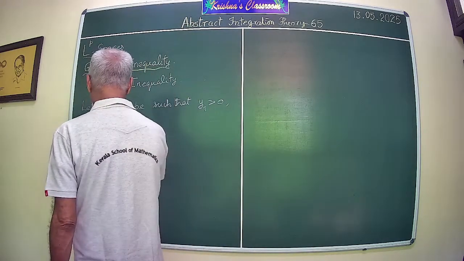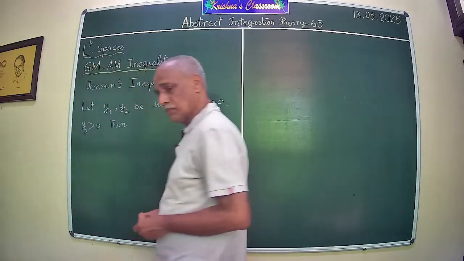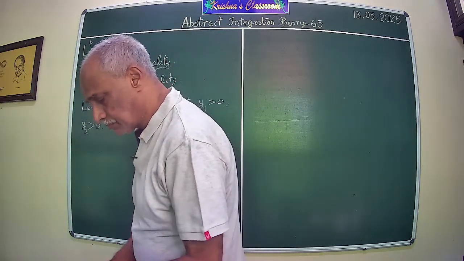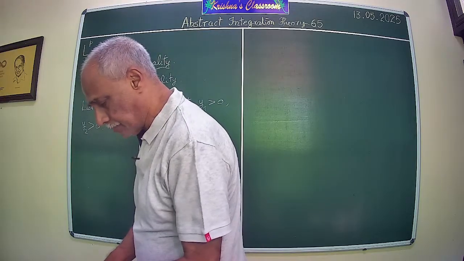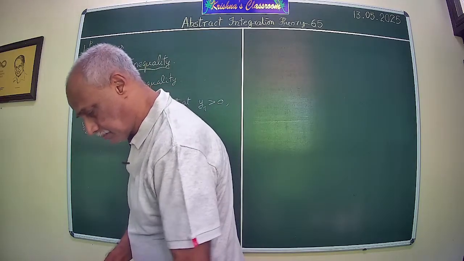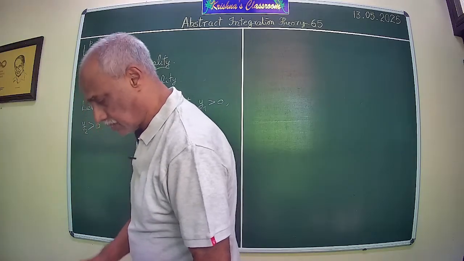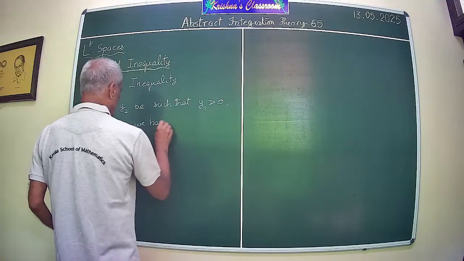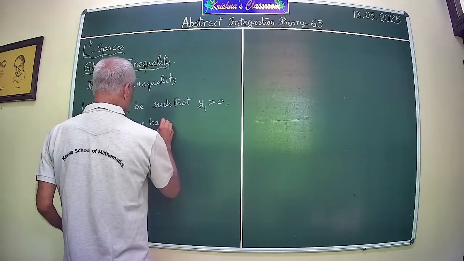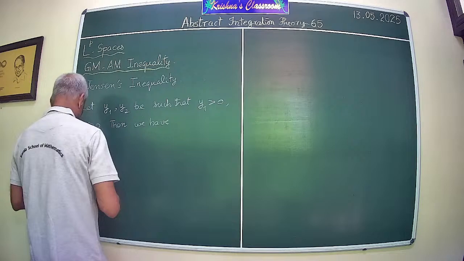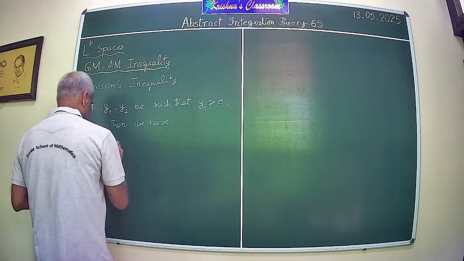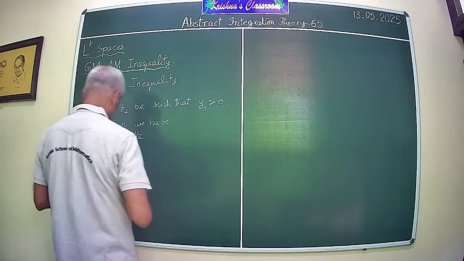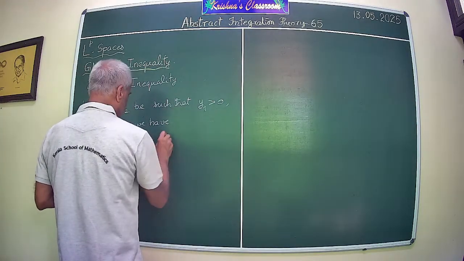Then we have the following inequality: the square root of y1 y2 is less than or equal to half of y1 plus y2.